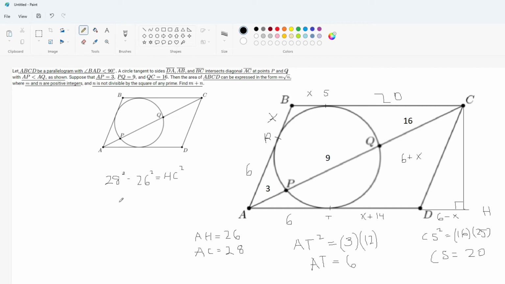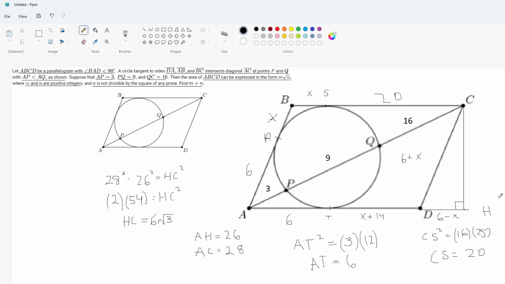Or you can try to be a little sneaky with your computation and use difference of squares. 28 squared minus 26 squared is just 28 minus 26, which is 2, times 28 plus 26, 54. So we get that HC squared is 108. So then HC is equal to 6 root 3.